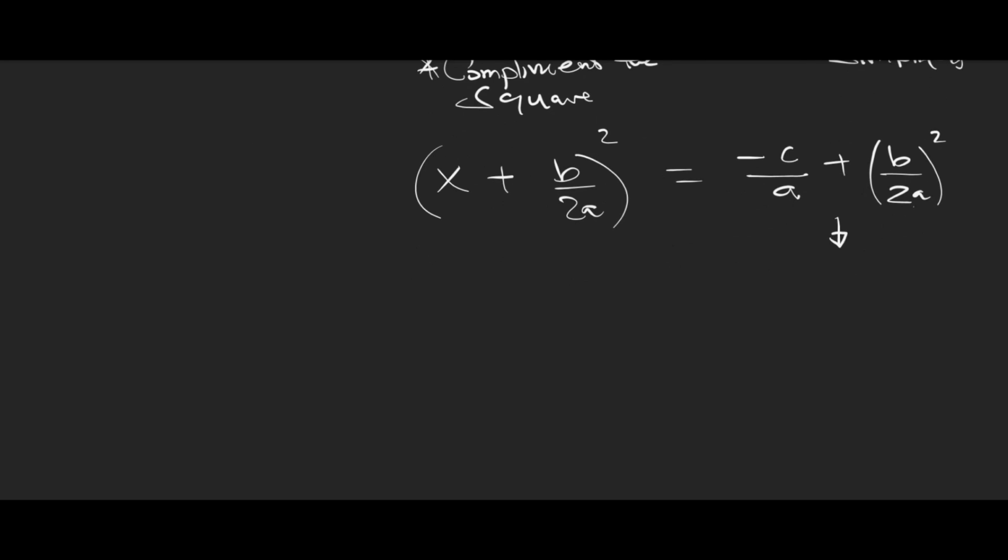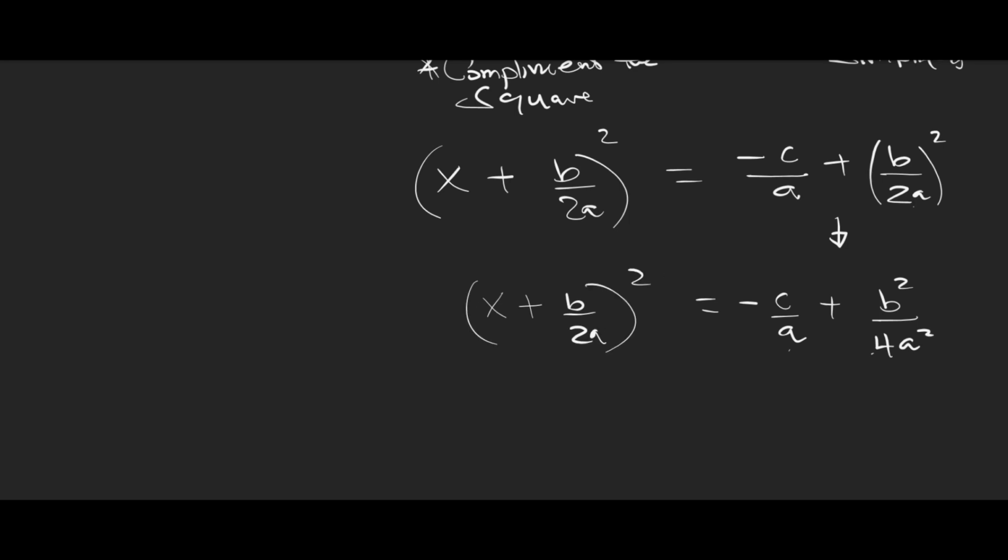We need to simplify this chunk real quick. First of all, let's square this out. We're going to have minus c over a plus b squared all over 4a squared. And you can see by virtue of that, automatically, you can have the same LCM.